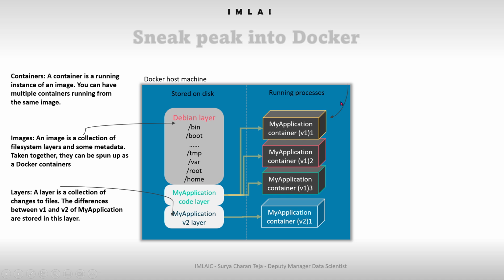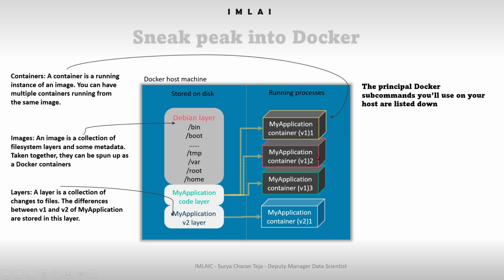So a container is a running instance of an image, so you can have multiple containers running from the same image. The principal docker subcommands you will use on your host are docker build, to build a docker image.